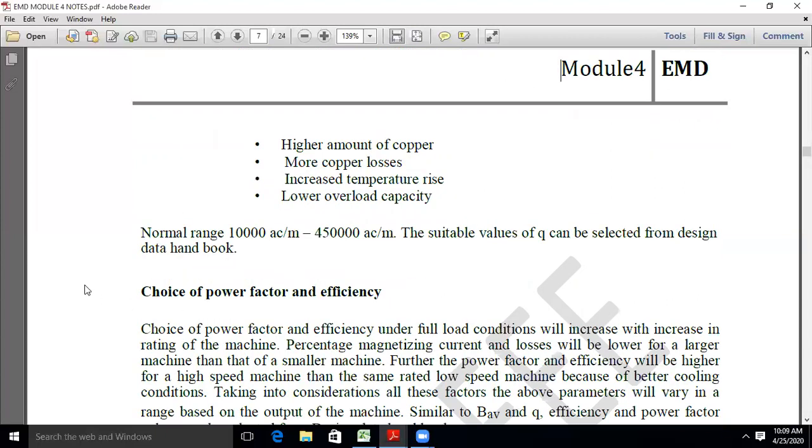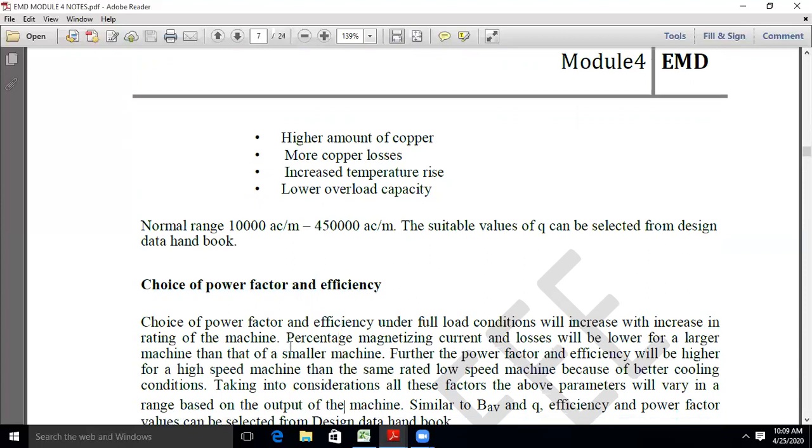Now we'll see the choice of power factor and efficiency. The power factor and efficiency under full load conditions will increase with the increase in rating of the machine. The percentage magnetizing current and losses will be lower for a larger machine than for a smaller machine.